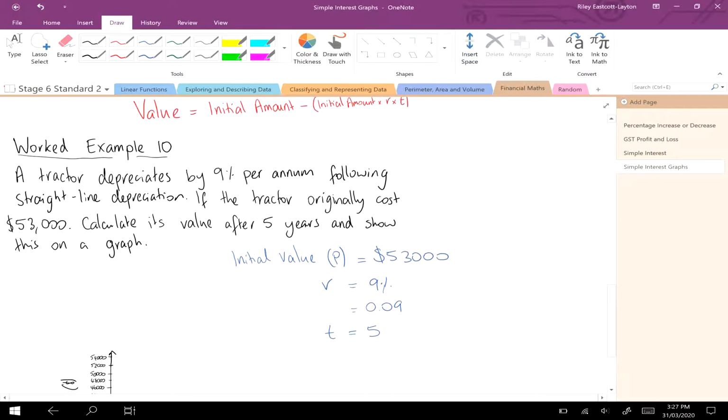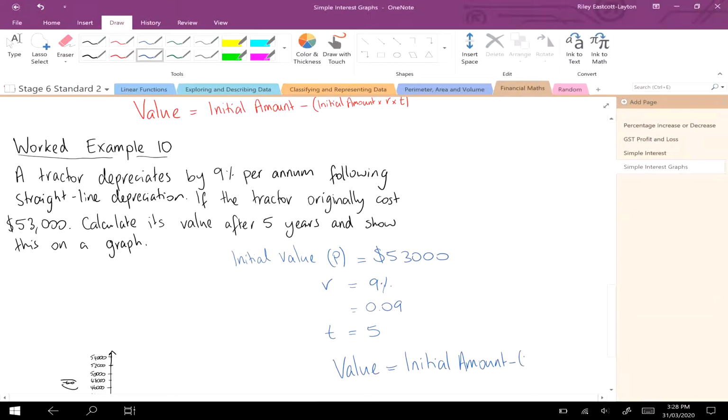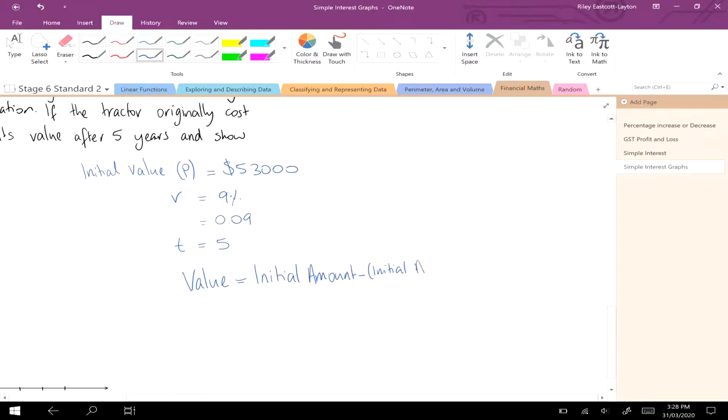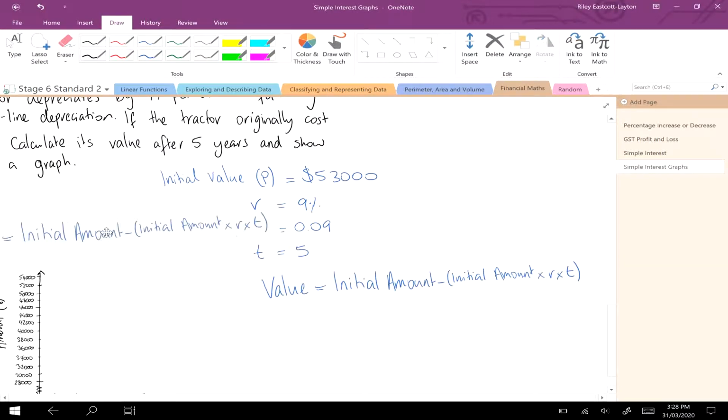So when we sub into this formula from above, the value is equal to the initial amount, take away the initial amount times the rate, times by the time with brackets around it, which is important.